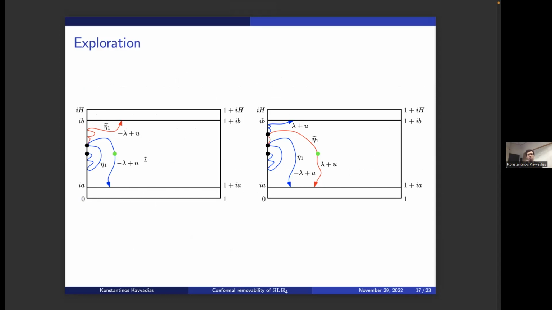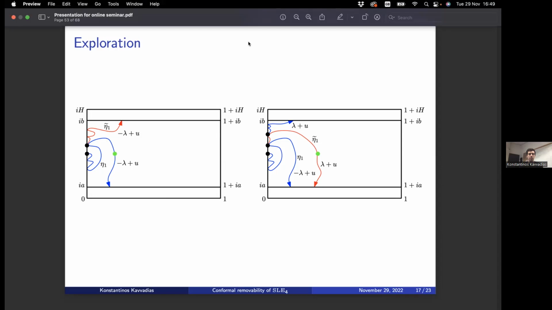By that, I mean this is the 0 level line of the field h minus u, this blue level line. This is an SLE_4 type process, and we stop it at the first time that it hits either the upper boundary, the lower boundary, or the right boundary. Here I will describe the first stage of the exploration, and then I will explain how we can iterate this procedure.